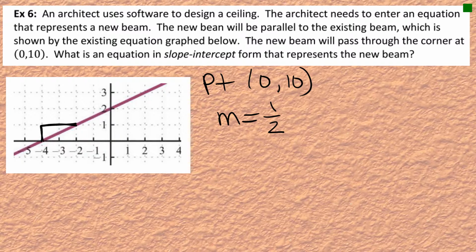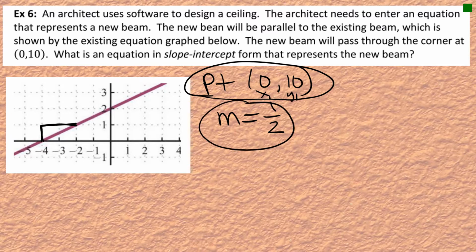Now, it wants it to be parallel, so that's the same. I can go ahead and use this point for my x1 and my y1 and this slope. So here we go. y minus y1 equals m times (x minus x1). I bet you have that memorized by now.